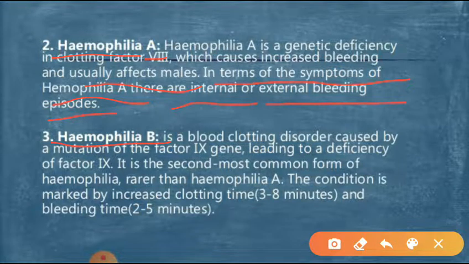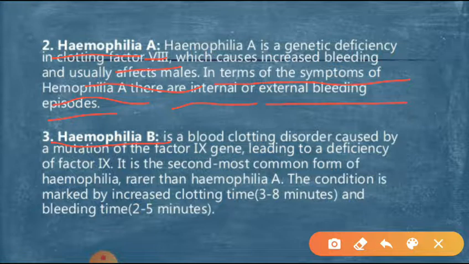So what is hemophilia A? In our blood, there is a clotting factor. That clotting factor means clotting factor 8. This clotting factor 8 is controlled by a gene which is present on X chromosome. When this gene undergoes mutation, what will happen?